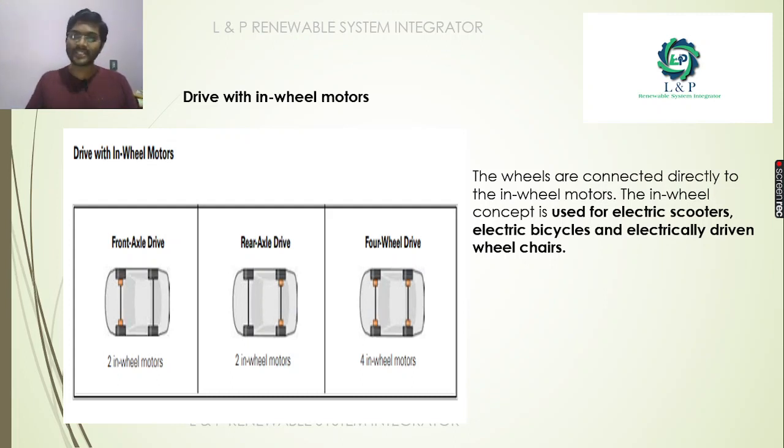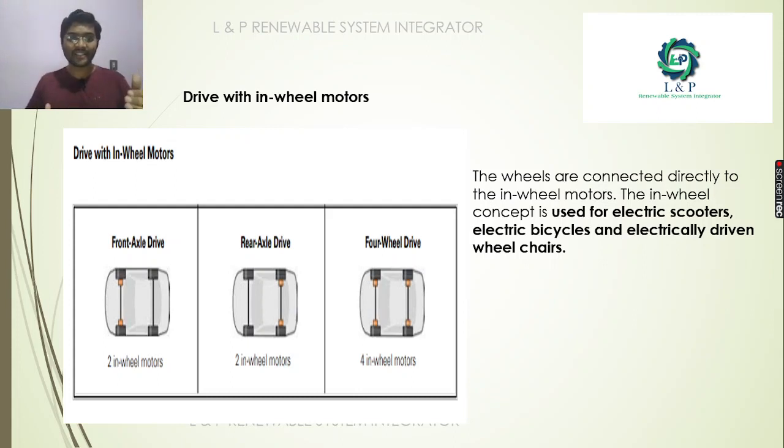What are the three classifications inside the drive with wheel motors? The first concept is the front axle drive. That is nothing but two in-wheel motors at the front axle, where we are fixing this drive. The second concept is the rear axle drive. In this one, the drives are present on the back side, that is the rear side wheels. This is how the design is made for this vehicle.